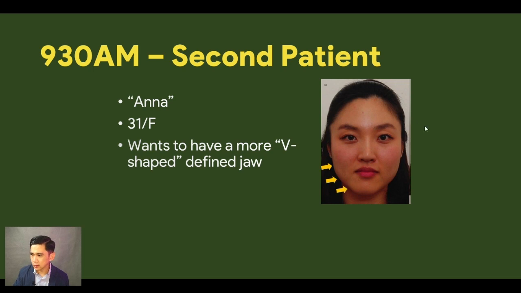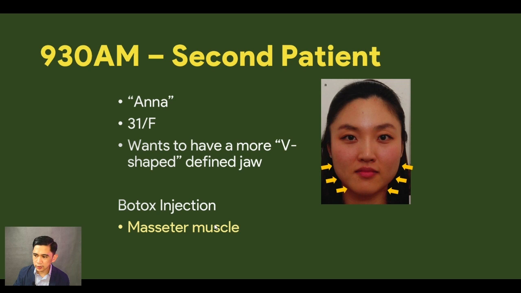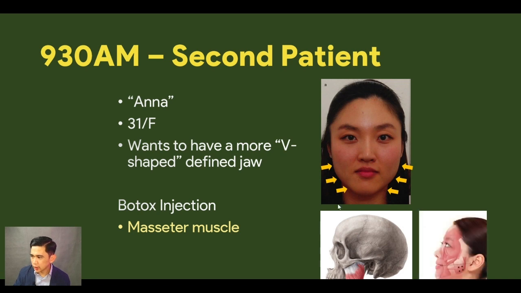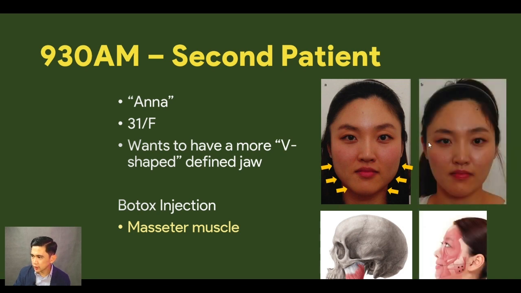This side of the face produces that roundness, and Botox injection to the masseter muscle here will make our face more V-shaped. So compare before and after.